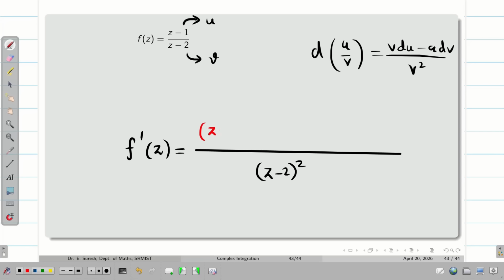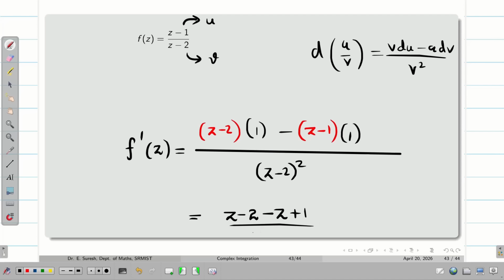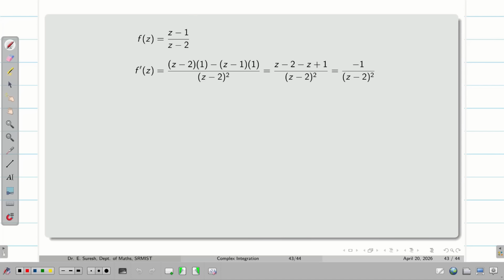v du: z minus 2, when I differentiate z minus 1, I get 1, minus u dv. Keeping z minus 1, differentiating z minus 2, we get again 1. So that is equal to z minus 2 minus z plus 1 divided by z minus 2 whole square. z and minus z get cancelled. Minus 2 plus 1 is minus 1 divided by z minus 2 whole square. Therefore, my f dash of z is minus 1 by z minus 2 whole square.